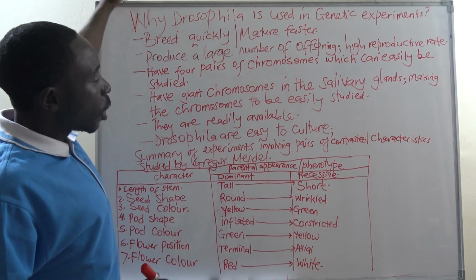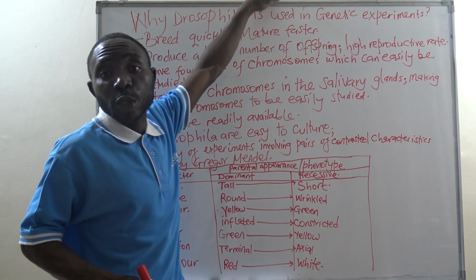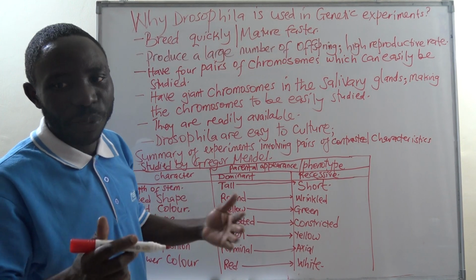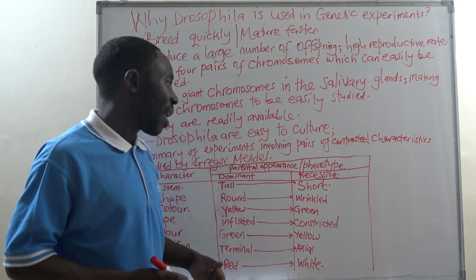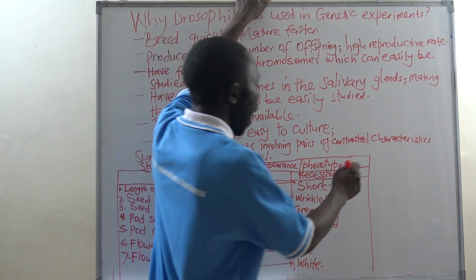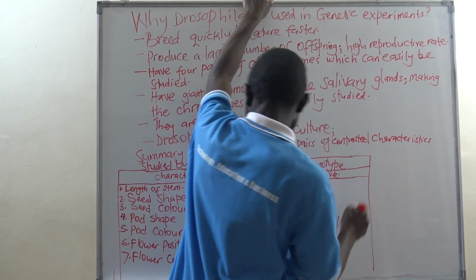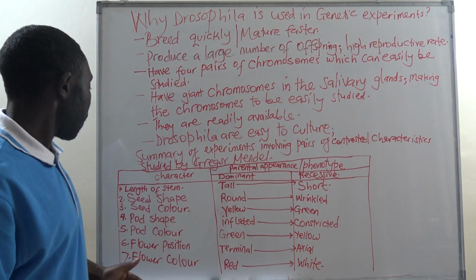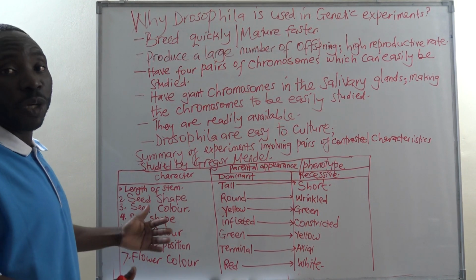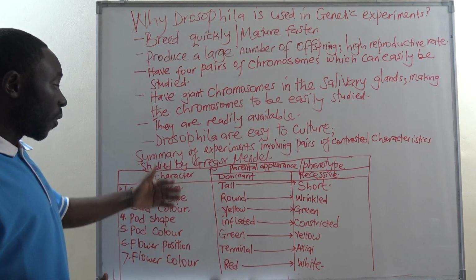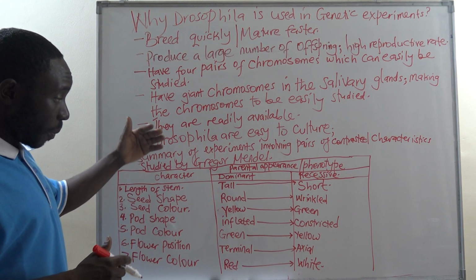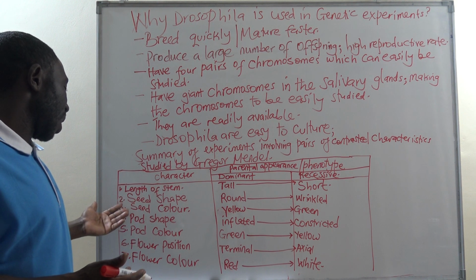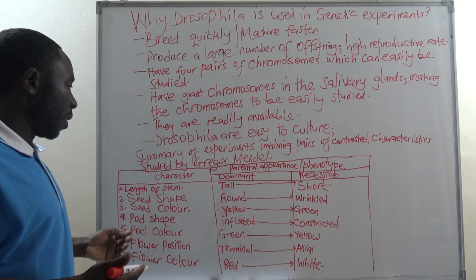Now, to wind up with this, so that next time we deal with dihybrid inheritance, I want to remind you about the meaning. You can view these characters very well. It is very important to look at them carefully, since a question can appear on any of these.